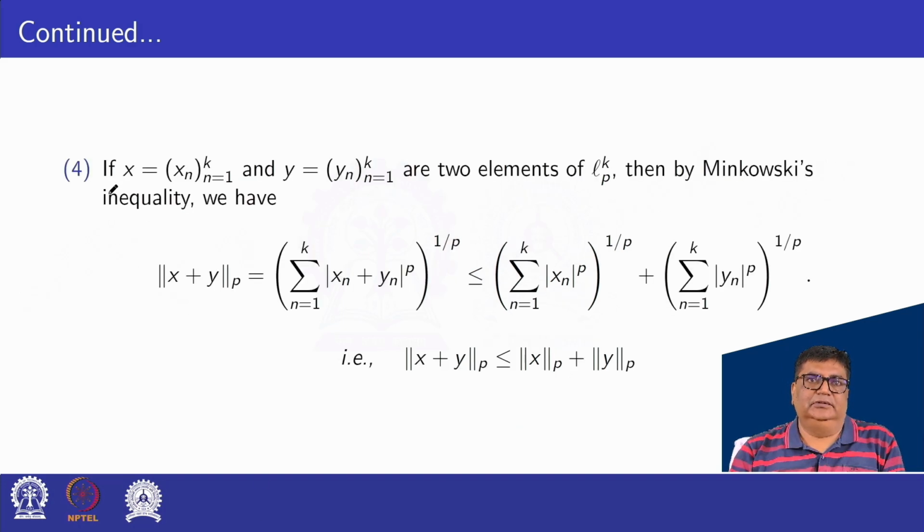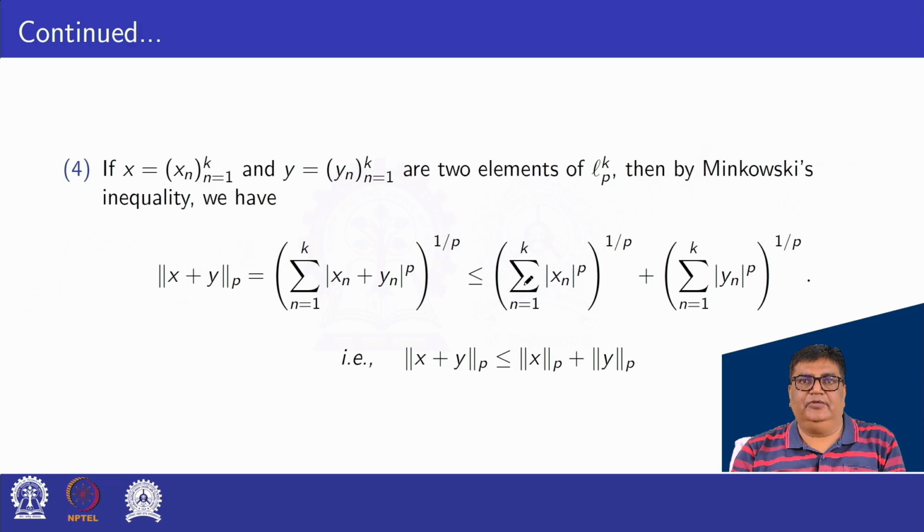Fourth condition: if x equals xn, n equals 1 to k, and y equals yn, n equals 1 to k, are two elements of lp^k, then by the Minkowski inequality we have the norm of x plus y under p equal to the summation n equals 1 to k |xn plus yn|^p, whole power 1 by p.